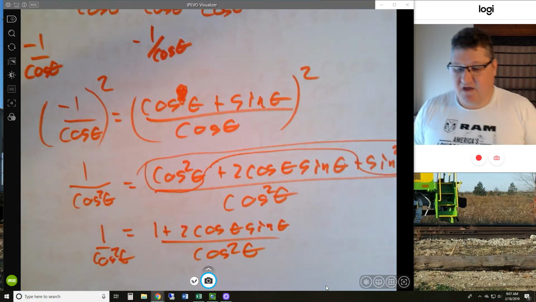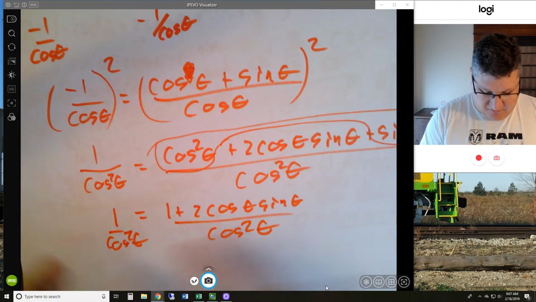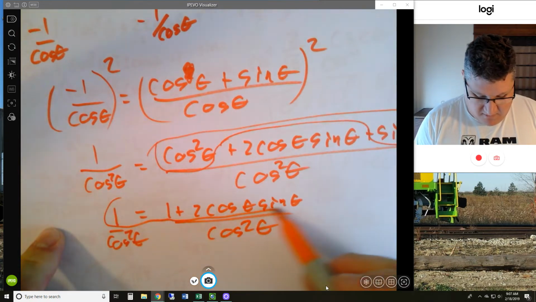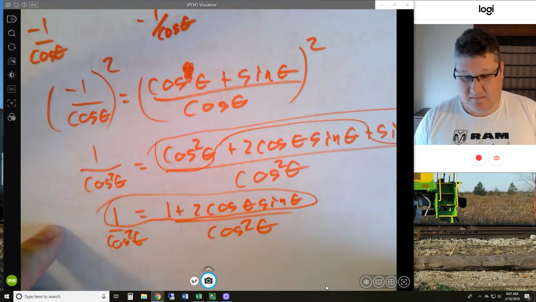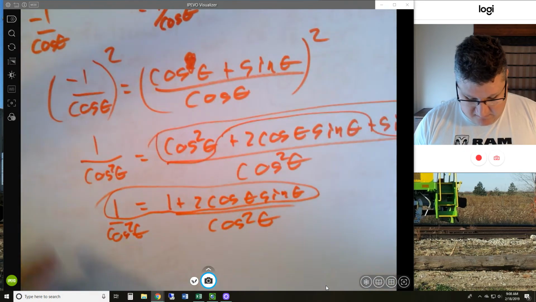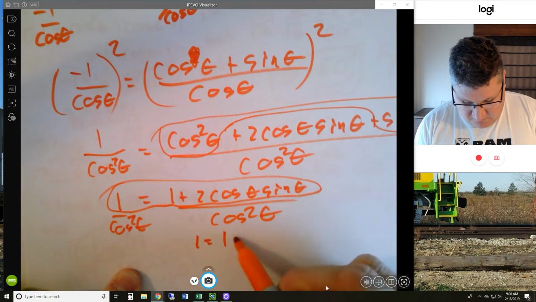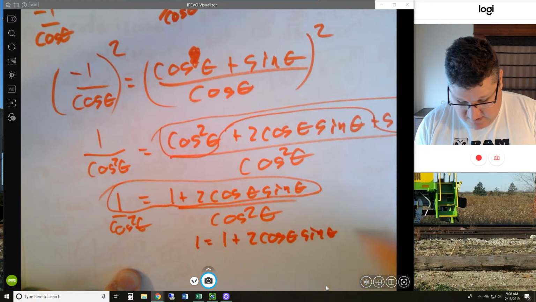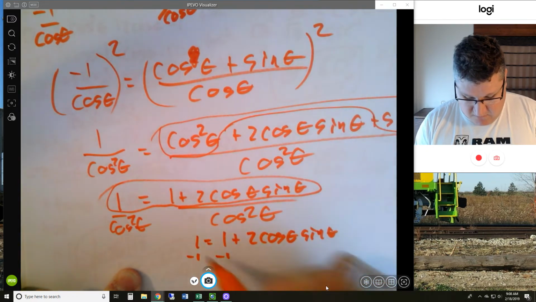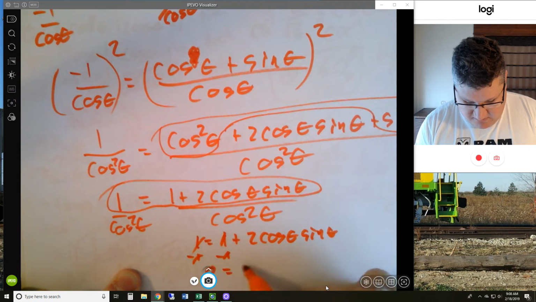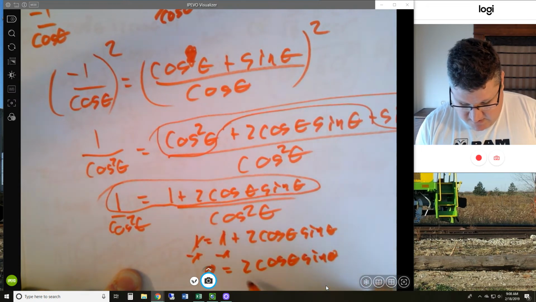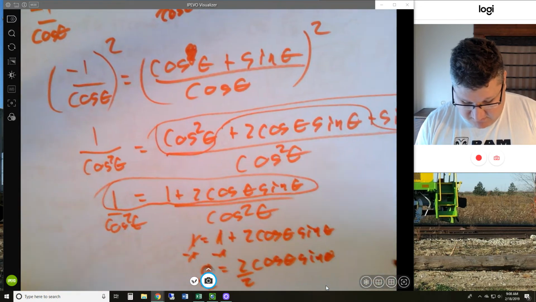But again, fractions tell me that if I have two fractions that are equal and the denominators are equal, what must be true about the numerator? And the answer here is 1 equals 1 plus 2 cosine theta sine theta, minus 1, gone, 0 equals 2 cosine theta sine theta, divide by 2.